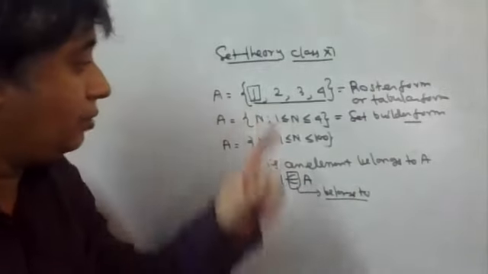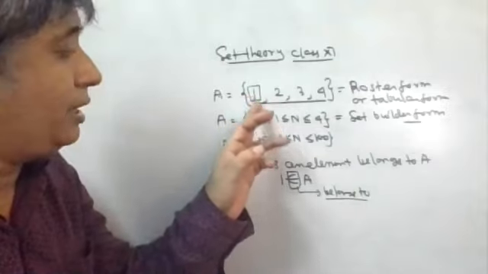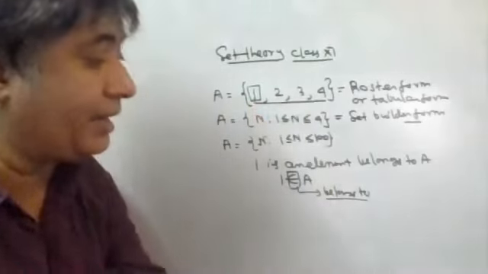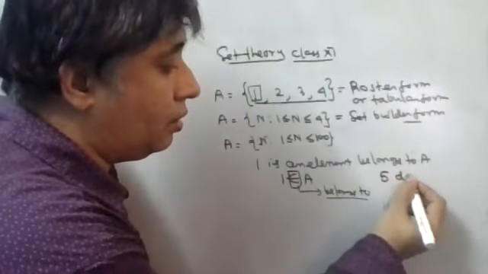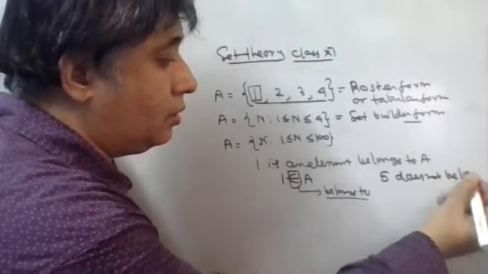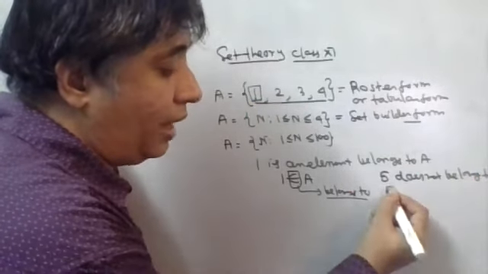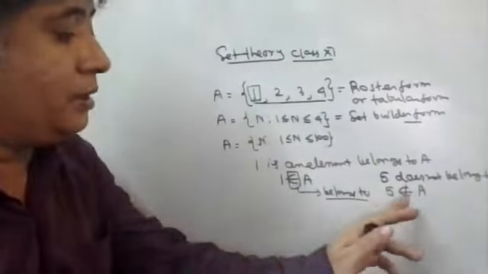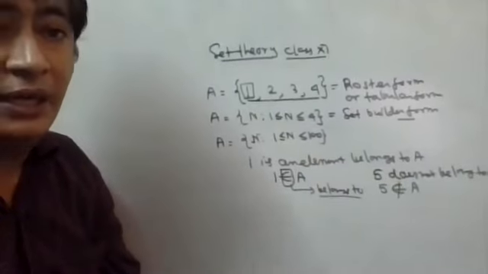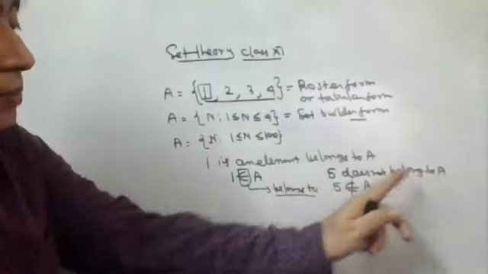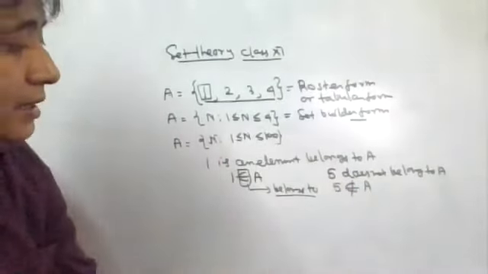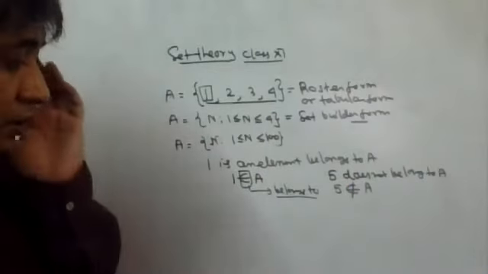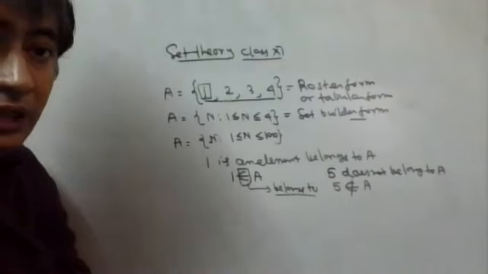Now, suppose this set contains 4 elements, 1, 2, 3, 4. Does 5 belong to this? No. Then I can write 5 does not belong to A. How to write it mathematically? Write the belongs sign and scratch it. So 5 does not belong to A. Mathematically I can write 5 does not belong to A in this manner. Hope you understood.